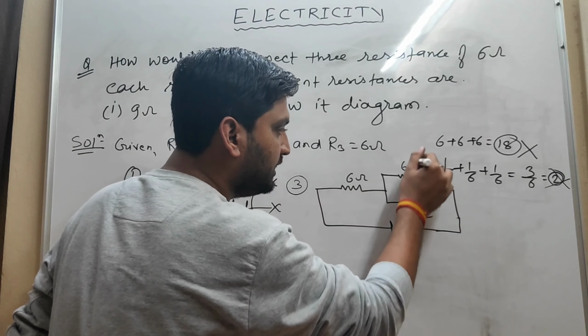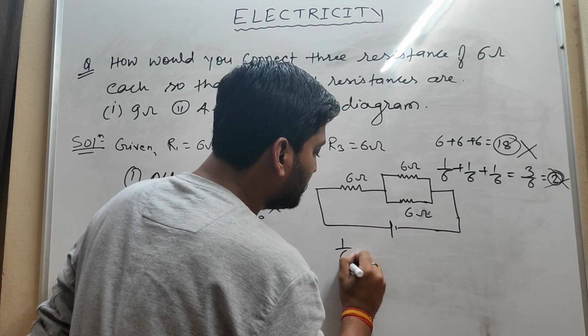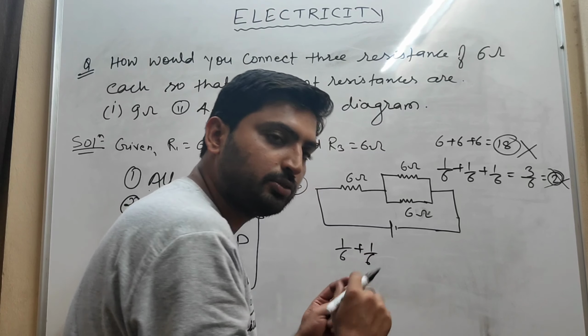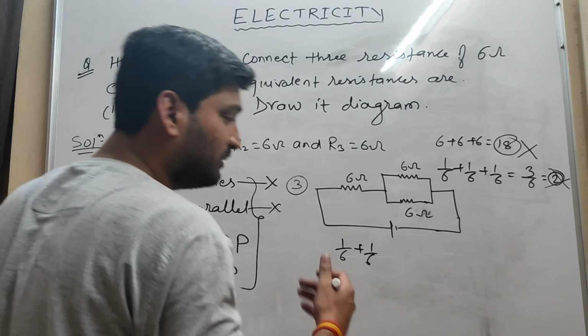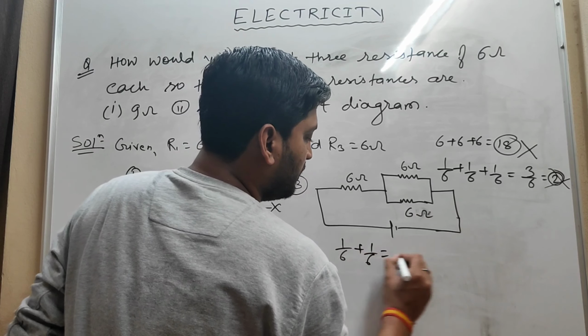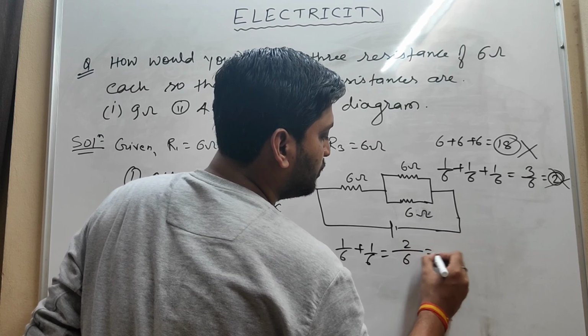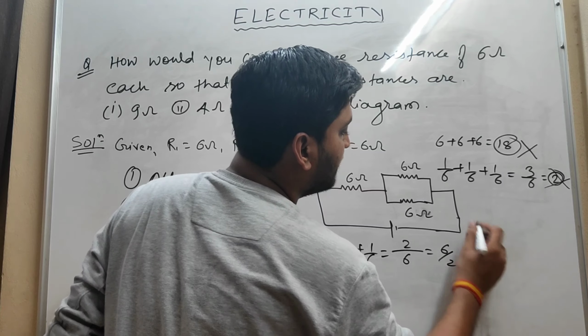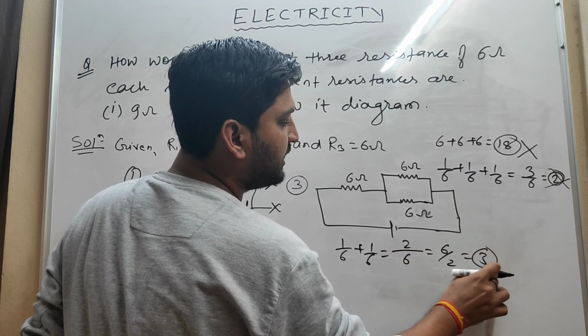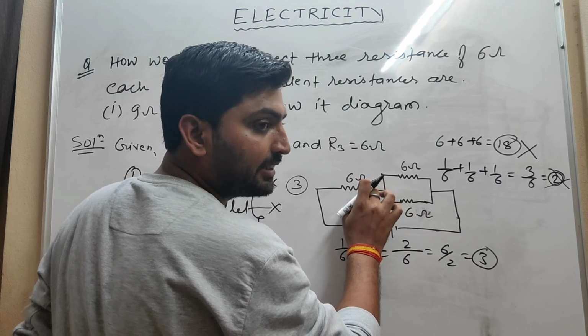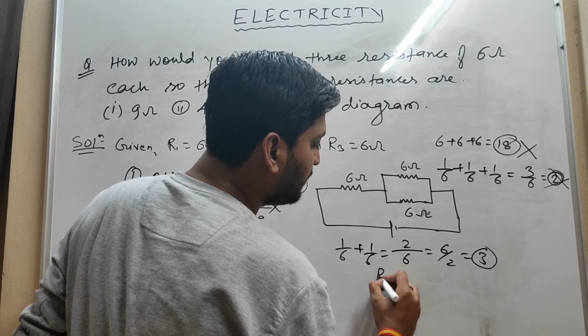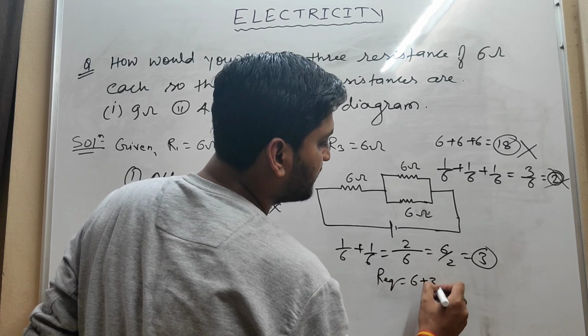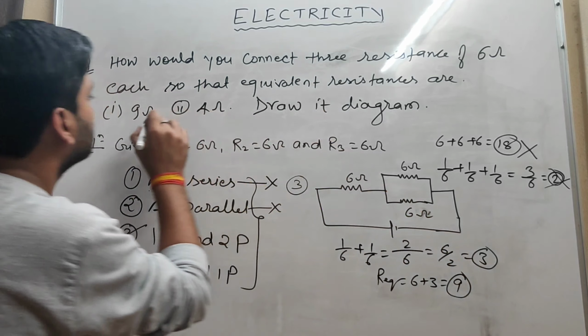Let us solve it. These two are in parallel, so 1 by 6 plus 1 by 6, I am solving it simply. 1 plus 1 is 2, 6 by 2 is 3. Now the equivalent of these two is 3, and 3 and 6 are connected in series, so our equivalent will be 6 plus 3, that is equal to 9. See, we got 9.